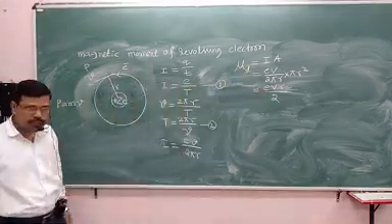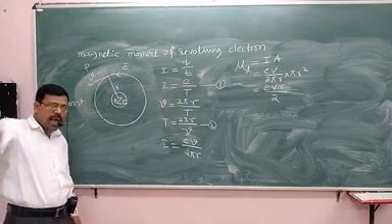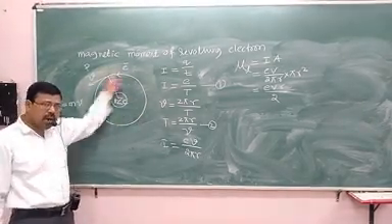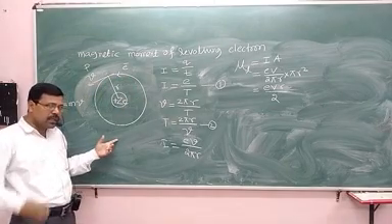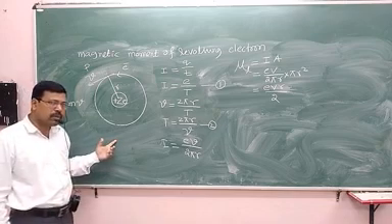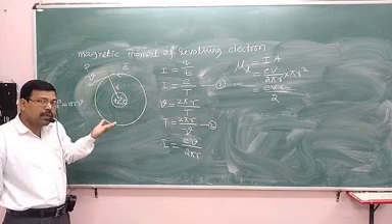L indicates the orbital angular momentum. This electron is having orbital motion, and due to that orbital motion, it constitutes current. Due to that current, it has got a magnetic moment. So this is called the orbital magnetic moment.